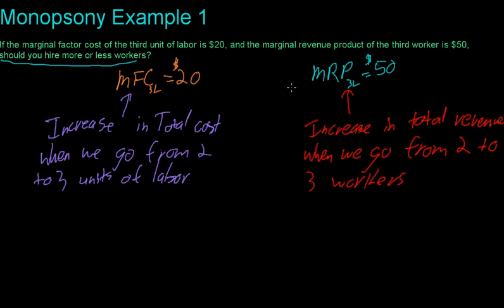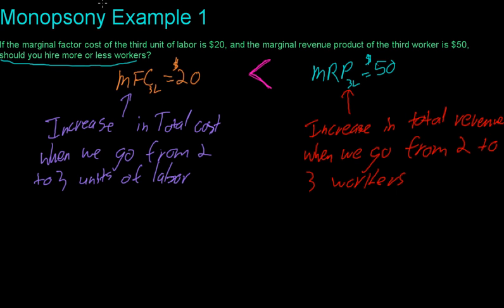Just right now, before going any farther, we can see that the increase in total revenue, the marginal revenue product, is greater than the marginal factor cost.